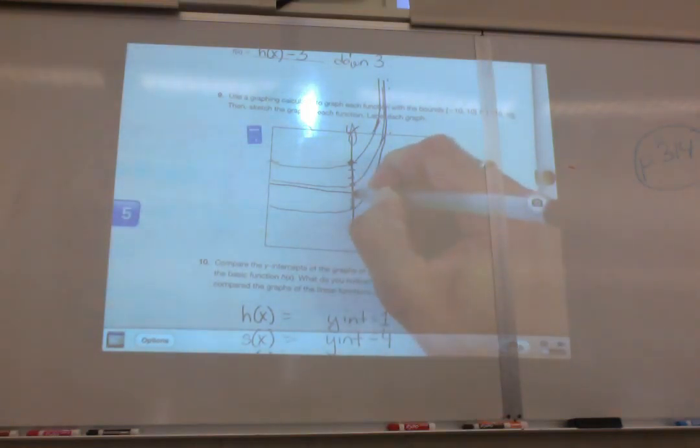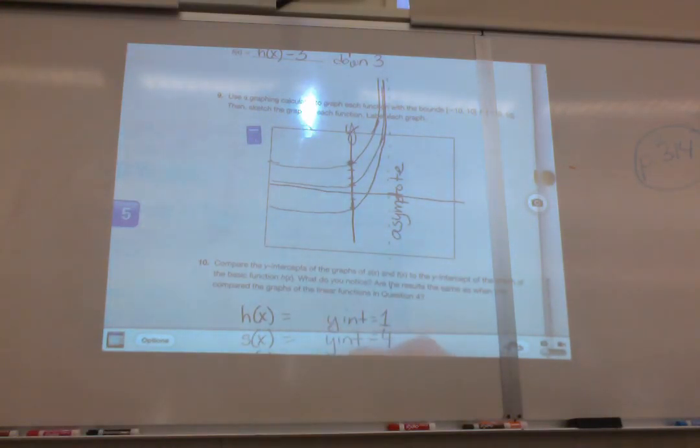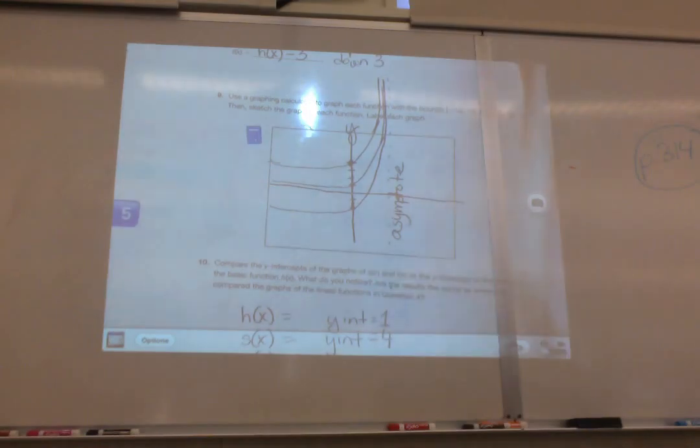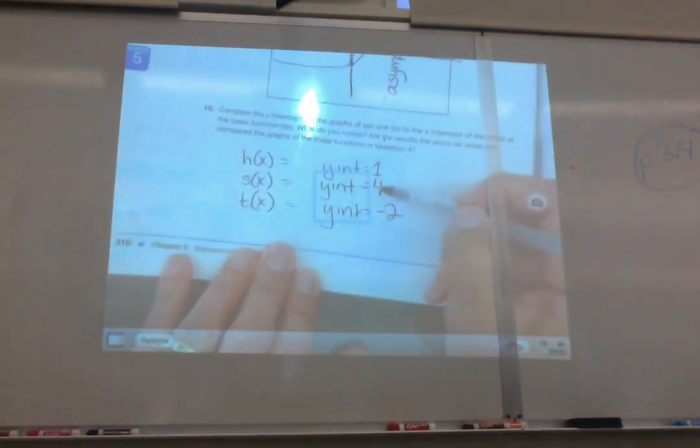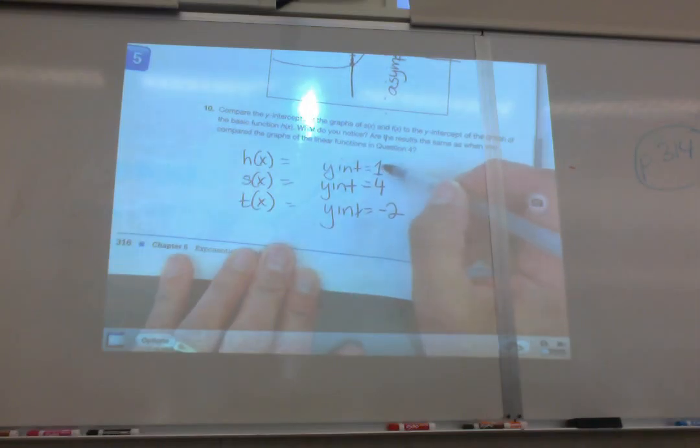How about this graph? How far down is it? 2. And so we'll call that minus 2. All right, so the y-intercept for the basic function is 1. This one's 3 higher. And then compared to 1, this one's 3 lower.